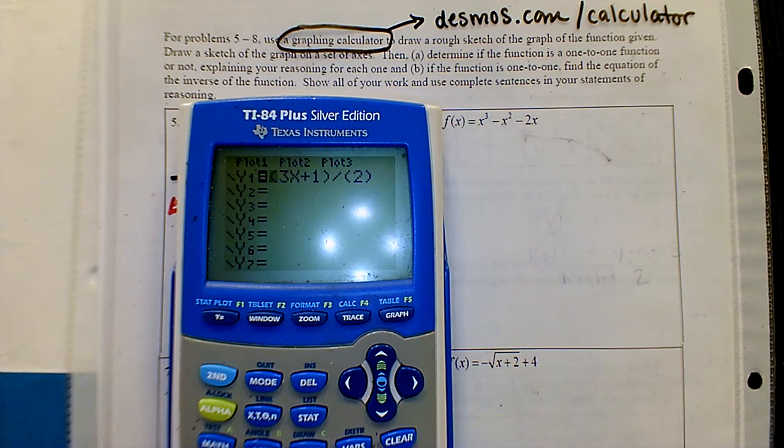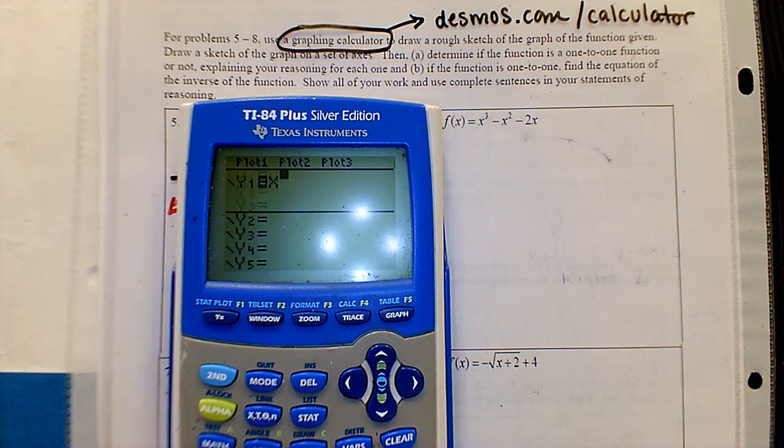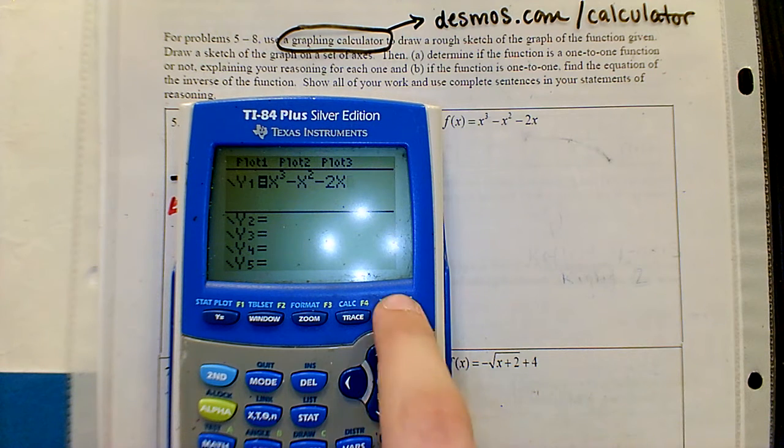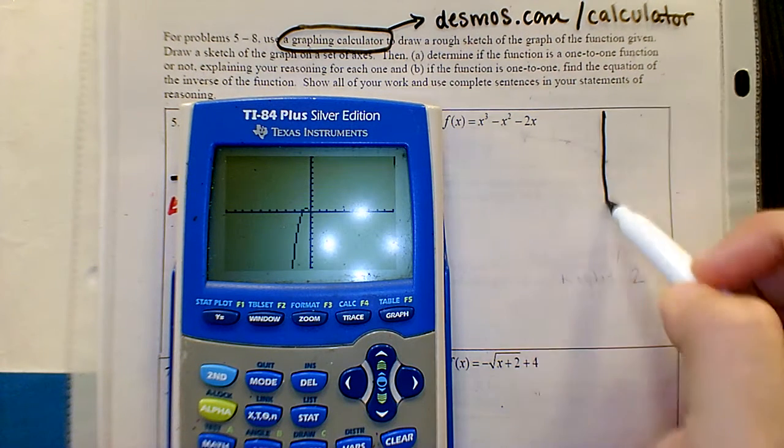We'll go back to y equals, clear out whatever's in there, and type in the equation to graph it. To get your powers, you have to use that caret button above the division button. Go ahead and hit graph.